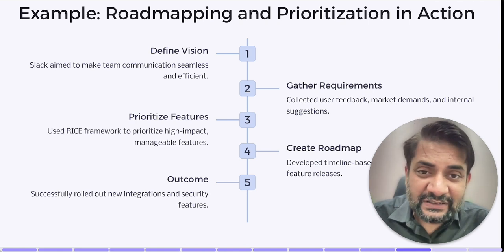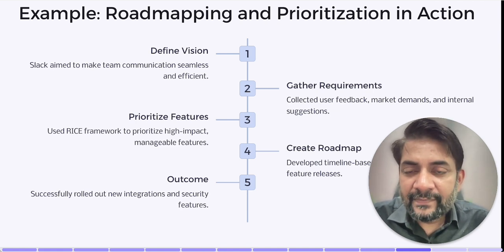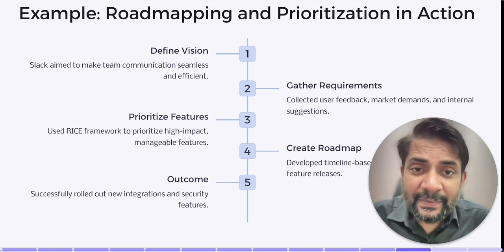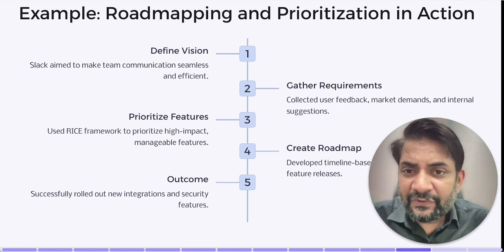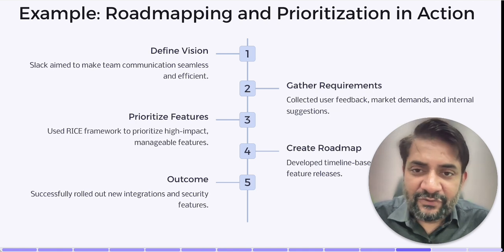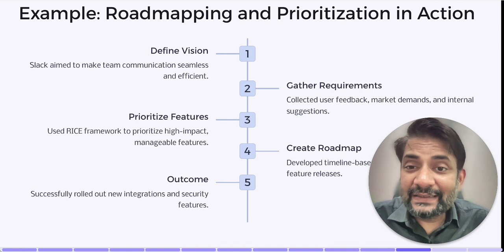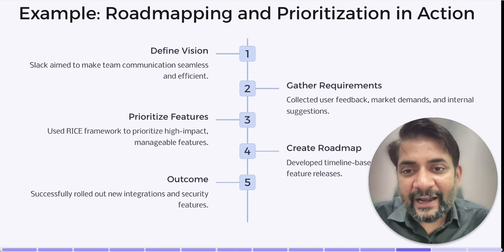Dependencies: integration features depend on backend API enhancements. Step 5 is communicate and share. Stakeholder review: present the roadmap to the engineering and marketing teams for feedback. And regular updates: update the roadmap monthly based on progress and feedback. The outcome: Slack successfully rolled out new integrations and security features, leading to increased user satisfaction and market share growth.